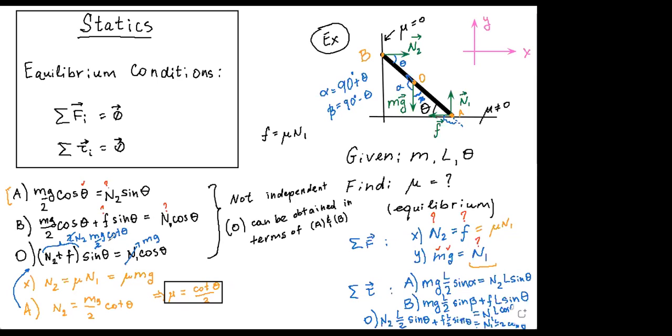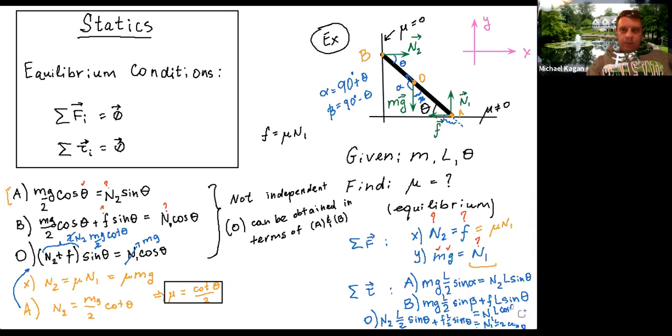Oh, okay. At home, I'll assign you a problem to do the same thing if there is also friction with the top, with the wall. Assuming the same mu, what would be the mu?